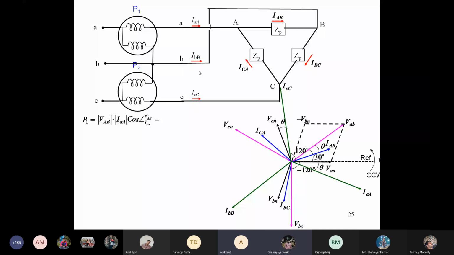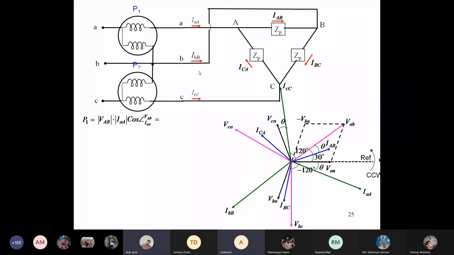Sir, here you have taken B as a reference point, then how have you written VAN? In the phasor diagram, the reference voltage small VAN.